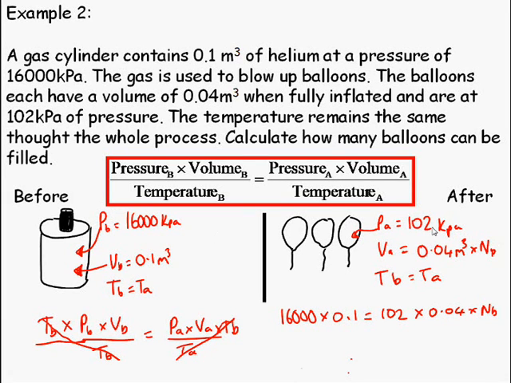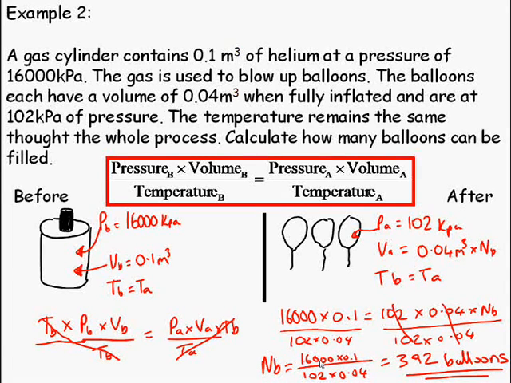The pressure after, because every single balloon is going to be at 102 kilopascals, and each individual balloon has a volume of 0.04 meters cubed, but I don't know how many balloons I've got, so the term I can put in for volume afterwards will be 0.04 times the number of balloons afterwards. Now divide both sides by 102 times 0.04. I can cancel it from this side, and I'm left with a term that gives me NB. NB is equal to 16,000 times 0.1 divided by 102 times 0.04, which equals 392 balloons.